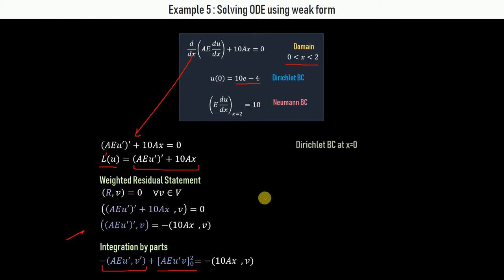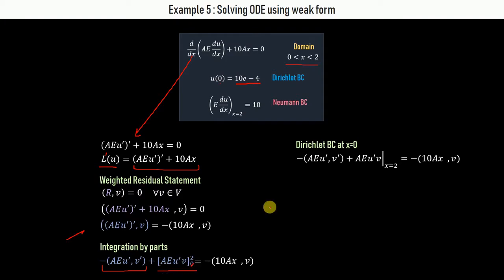Now since the Dirichlet boundary condition is at x equal to 0, all the basis functions would be 0 at x equals 0. That's why v should be 0. We actually represent all the basis functions because this is a single statement. So in that sense, v will be 0 at x equal to 0.